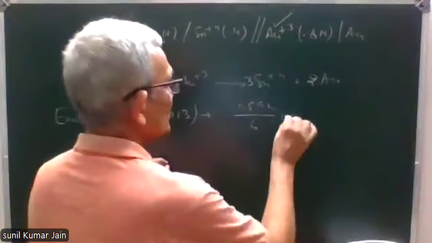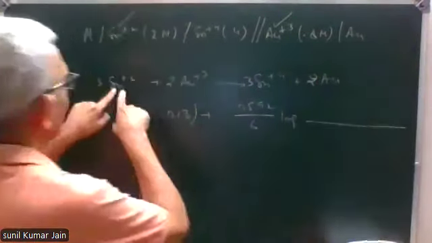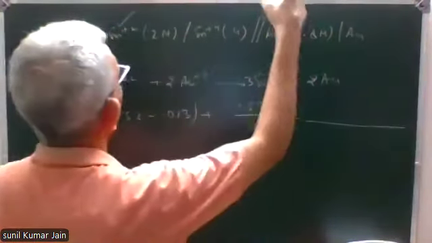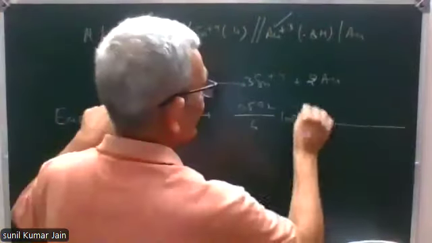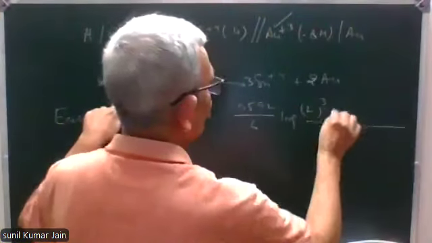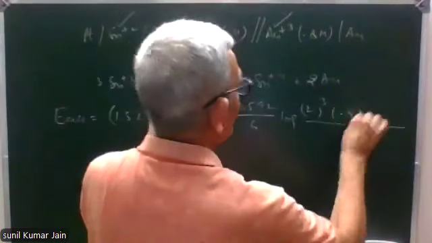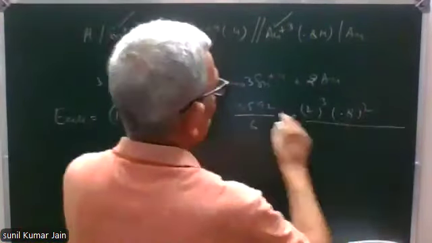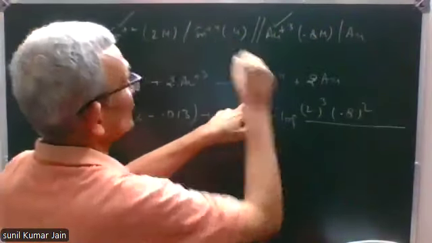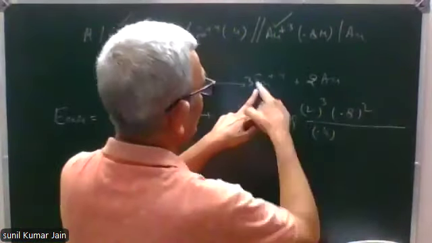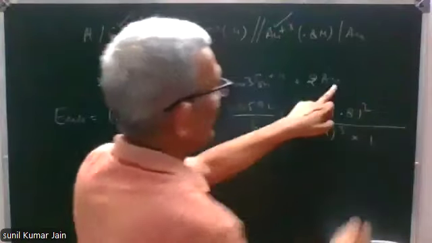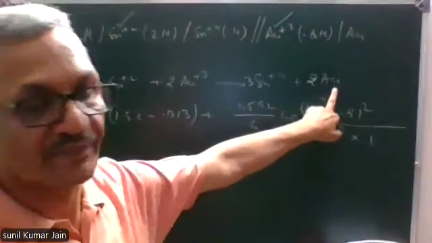Value of n will be 6, log of Sn plus 2, 2 molar cube, gold ions 0.8 molar square, divided by Sn plus 4, 0.4 molar cube, and gold is solid. This is 1.